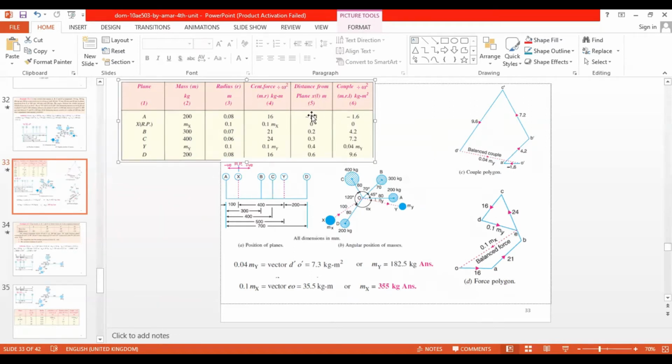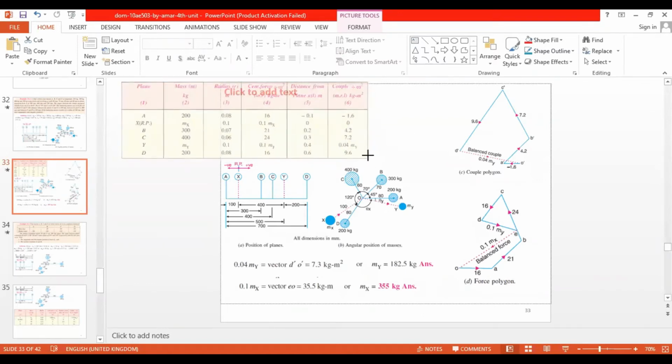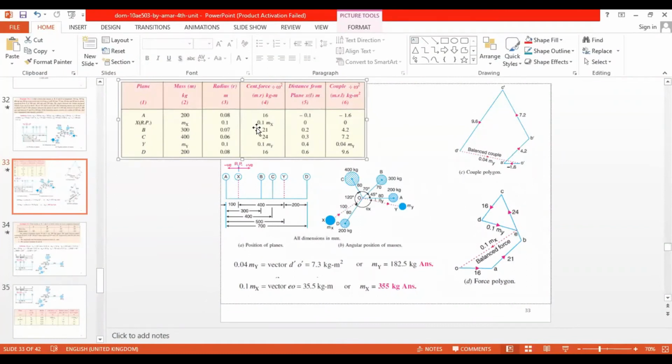If this is taken as negative, then all the others will be positive. So 0 into this mass is 0, 0.2 into 21 is 4.2, 0.3 into 24 is 7.2, 0.4 into 0.1 m y, sorry, 0.04 m y, 16 into 0.6 is 9.6. So this is the table we have prepared.